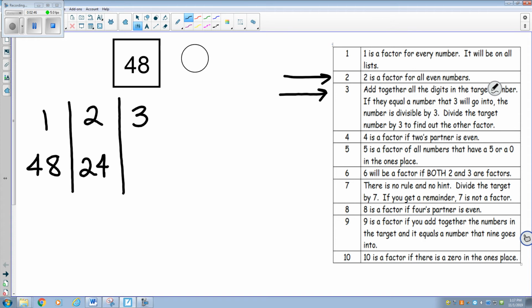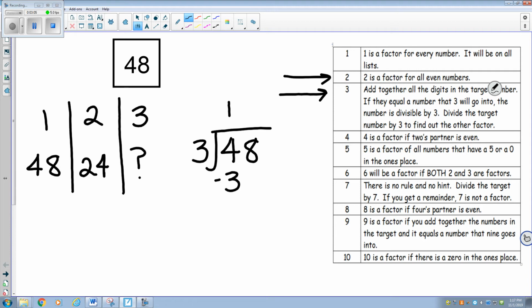So the next part is just trying to figure out what 3's partner is going to be. So 3 times what is going to equal 48. Something that you can always do off the side of your paper is take your target number, and we know 3 is going to be a factor, so we can divide by 3 and do a basic division problem here.